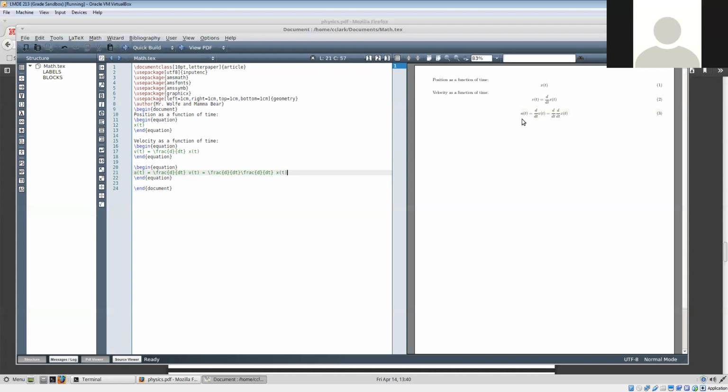So acceleration is the derivative of velocity with respect to time, which is the derivative of position with respect to time. I'm going to put parentheses around the derivative of x with respect to time so you can see that I'm taking the derivative of that entire thing. If I just use regular parentheses, the parentheses in my math equation are going to be too small. They're not as big as they should be.